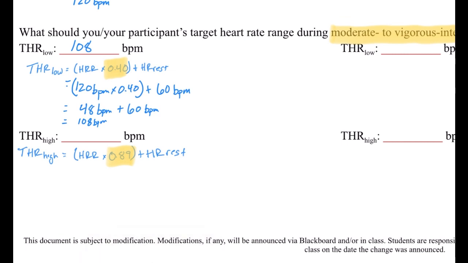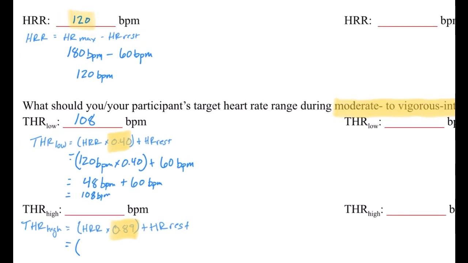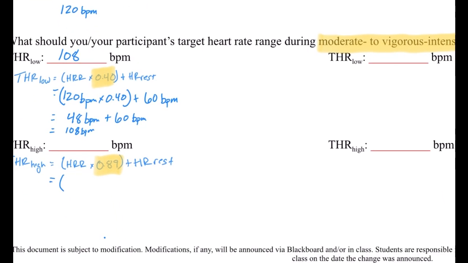So let's plug in our numbers. Equals HRR from above, which was 120 beats per minute, times 0.89 plus HR rest, which was 60 beats per minute again.